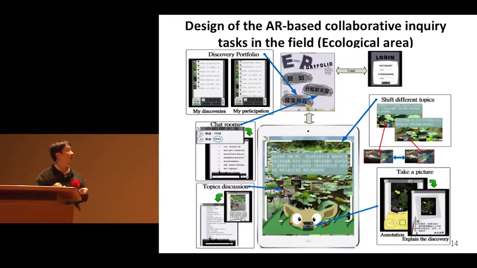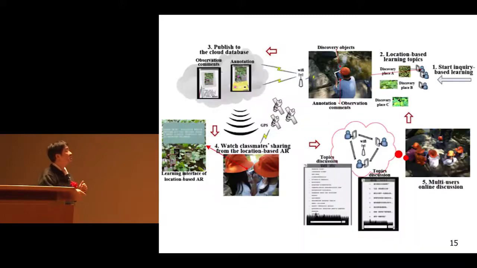So in this inquiry-based learning activity, the students use an AR tablet computer with an AR app in Couch Garden. First, the students are guided by the learning system to make observations using the AR on the tablet computers, and they need to answer some questions, and then they need to collect some data.